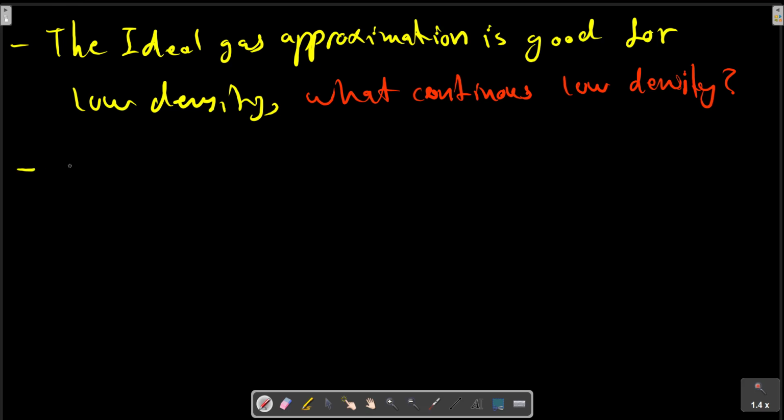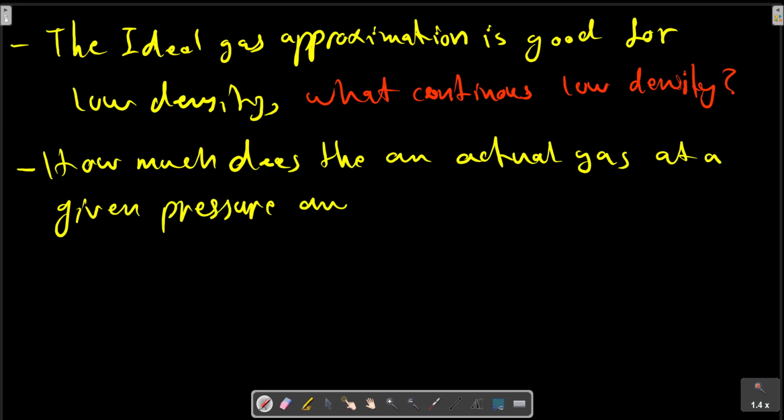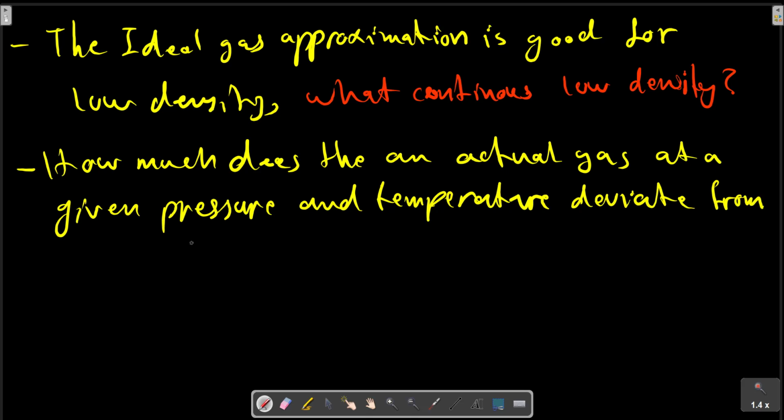And the second question is how much does the ideal gas and actual gas at a given pressure and temperature deviate from ideal gas behavior.